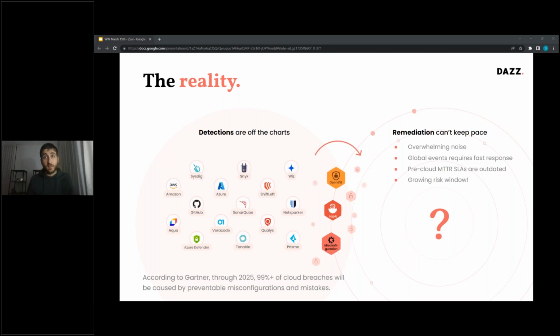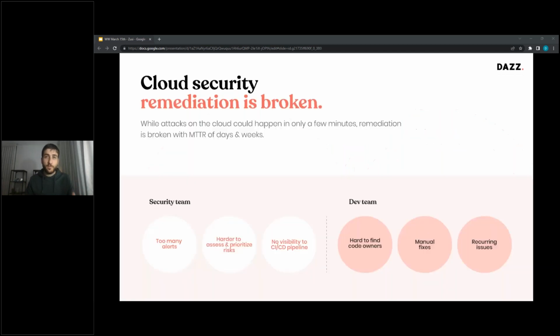And the SLAs keep pushing and the risk window keeps growing. And then an attacker just needs to find one of those that you kind of knew about already, right? But it's not really fair to say that you knew about it and you could have fixed it. So that's what we keep seeing. Security teams are overwhelmed and usually have too many alerts. It's really hard to assess and prioritize. They have no visibility into the development environment itself, and that creates problems by itself.